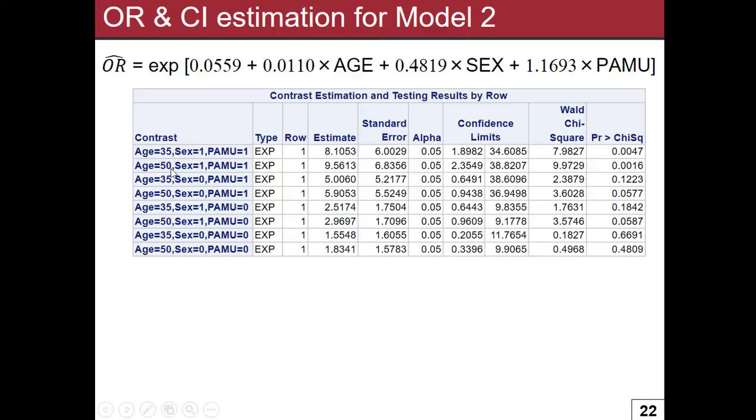So here we have 8 possible odds ratios that you might be interested in. This is a male PAMU with age 35. Here's the same person but age 50. And notice you get different odds ratios, and you get different confidence intervals. Some of them are similar. This might be overkill, but you can keep putting more and more estimate statements in under different permutations of the effect modifiers that you're interested in and get different answers.